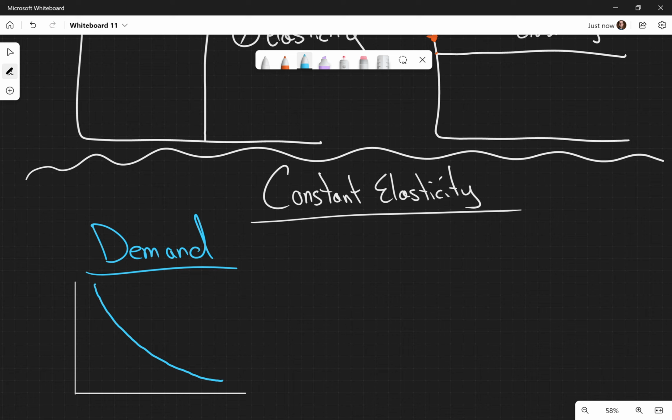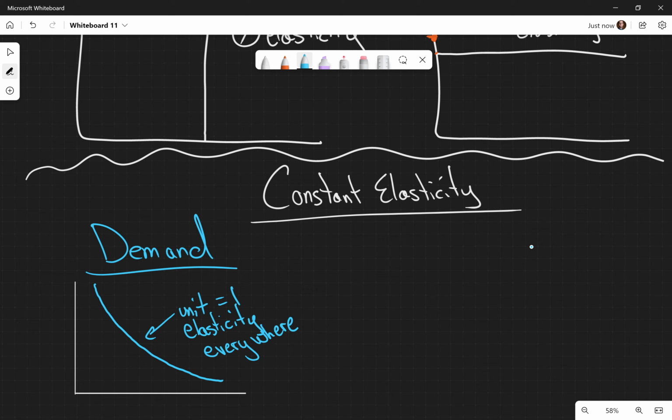It looks kind of like that. So this has a unit elasticity, and by unit we mean it has an elasticity equal to 1 everywhere.